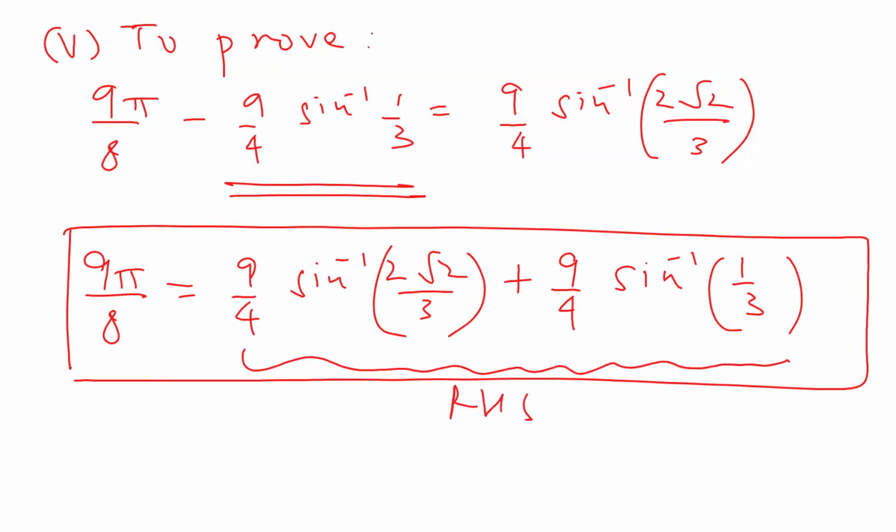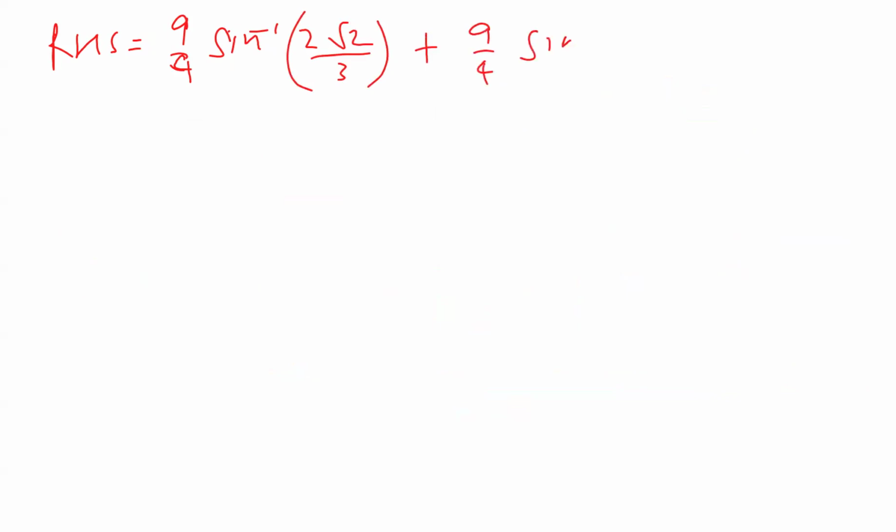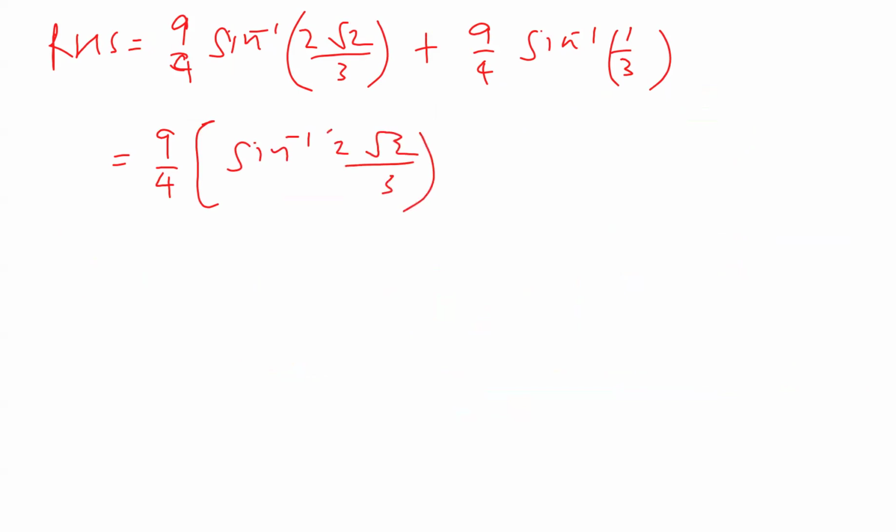We'll start from here. So RHS is equal to 9 by 4 sine inverse 2 root 2 by 3 plus 9 by 4 sine inverse of 1 by 3. Okay, take 9 by 4 common. Sine inverse of 2 root 2 by 3 plus sine inverse of 1 by 3.